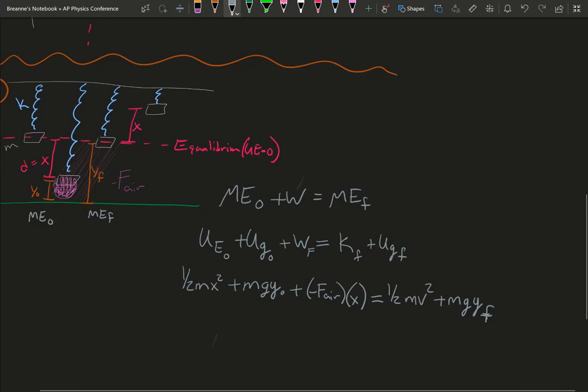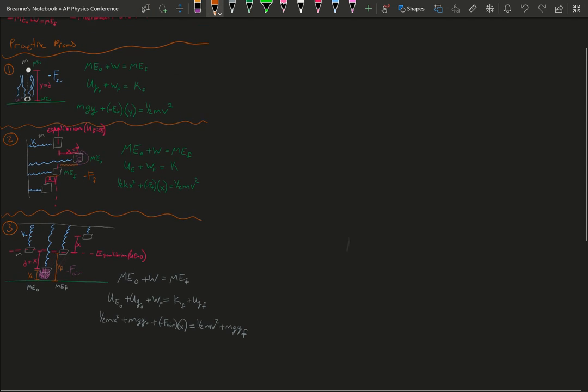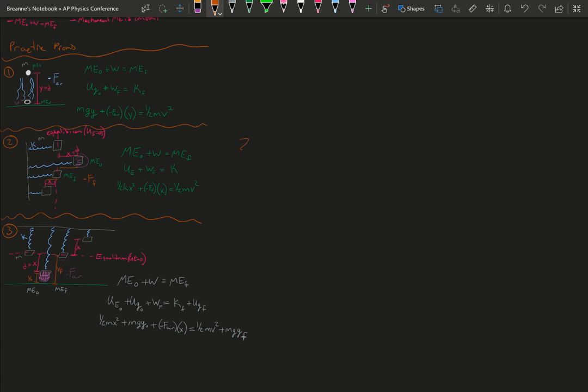So all these examples are when energy is being taken away. You can't really add energy to the system with system 1, but for these two we actually can. So we're going to look at 2b.